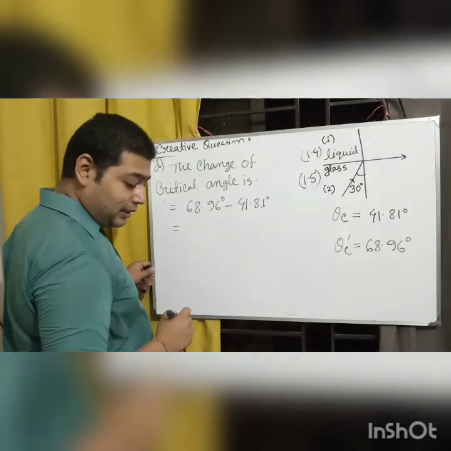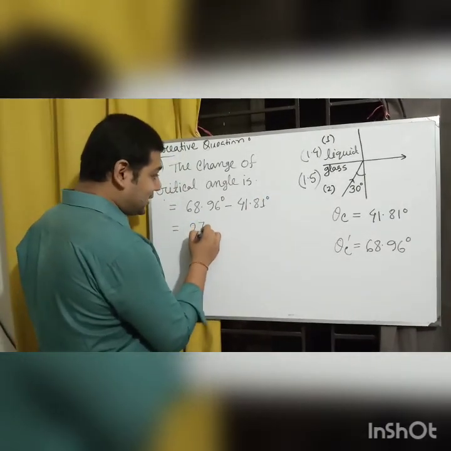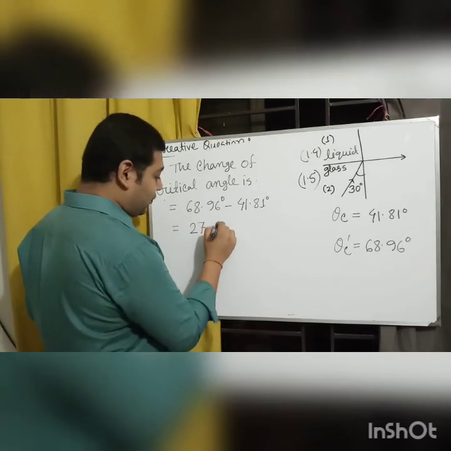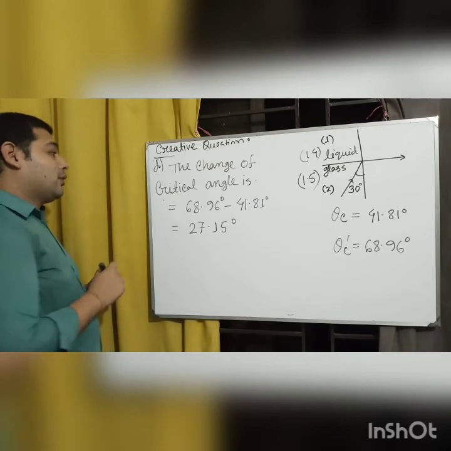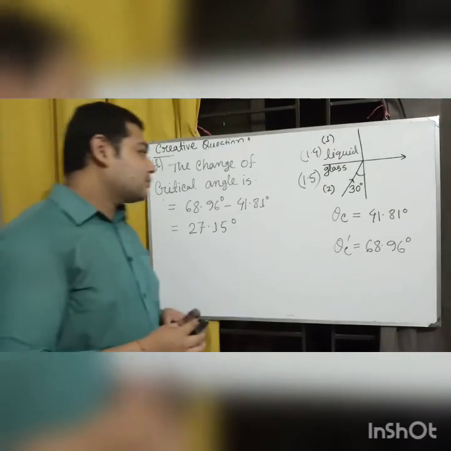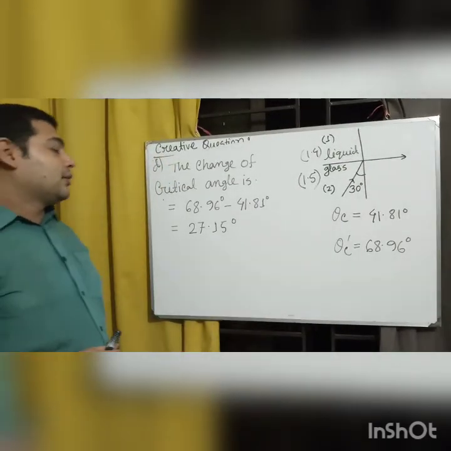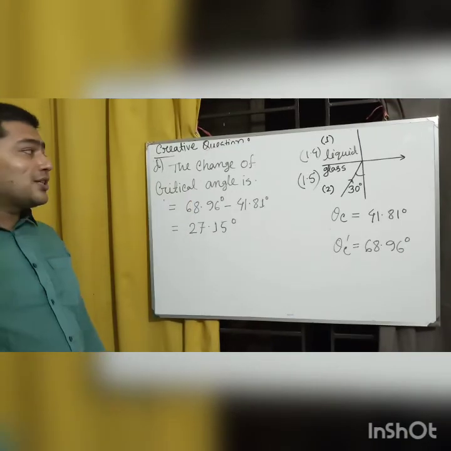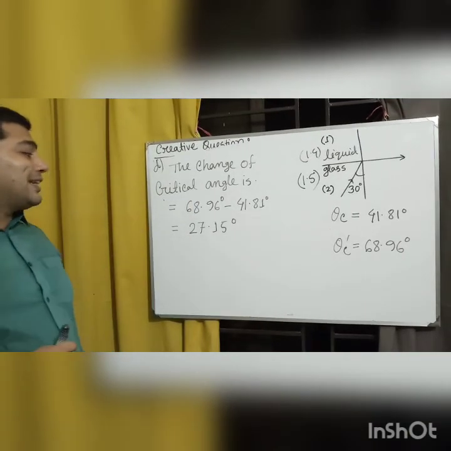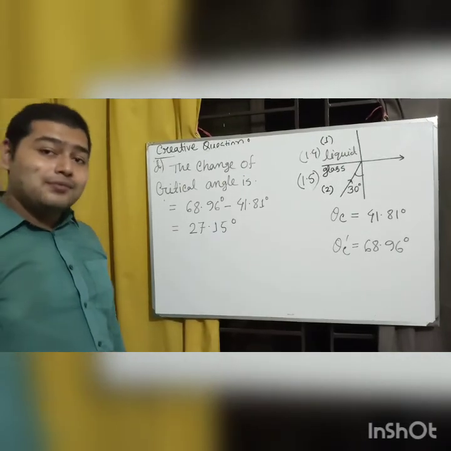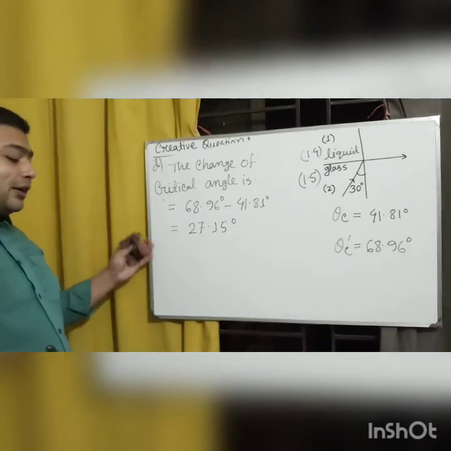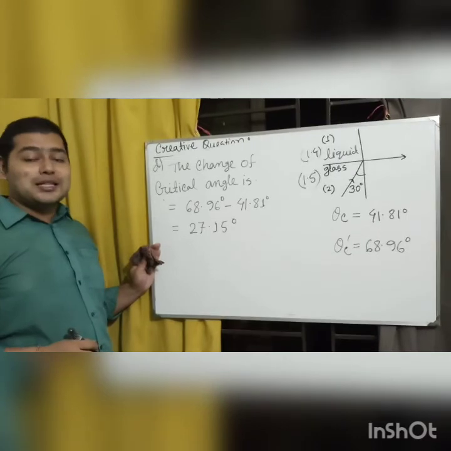So the answer is 27.15 degree. So for these two conditions, the change of critical angle is 27.15 degree. So this is our answer for question D.